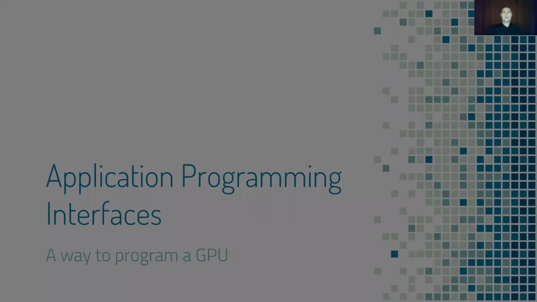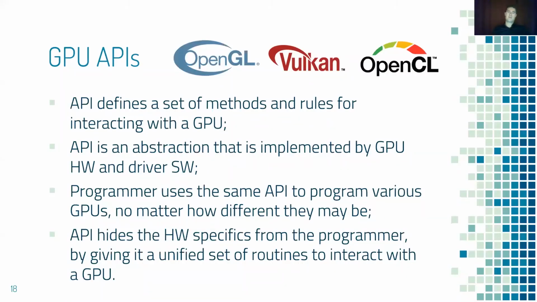An API, particularly a GPU API, defines a set of methods and rules for interacting with the GPU. That's kind of an abstraction that is then implemented by GPU hardware and the driver software. So a programmer will use the same API to program various GPUs, no matter how different they may be.